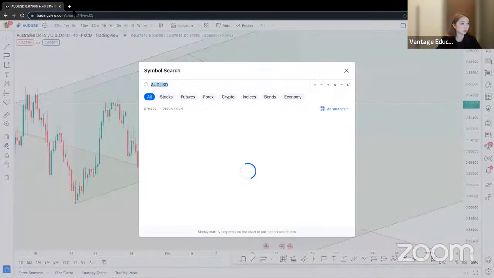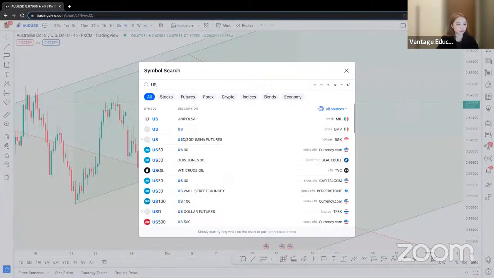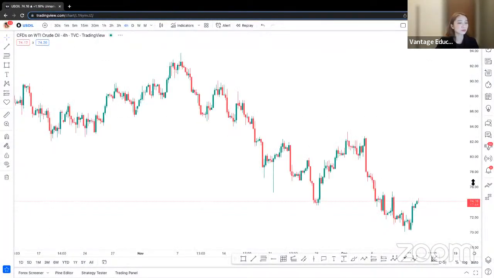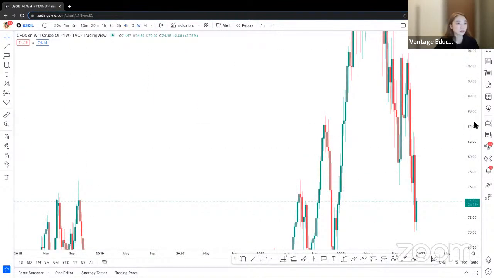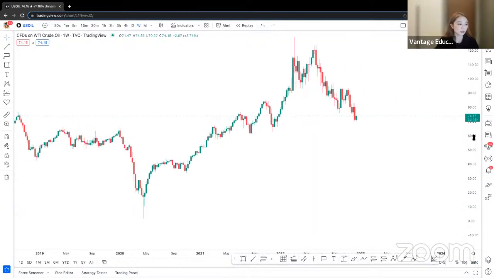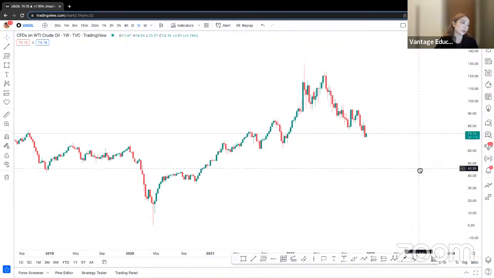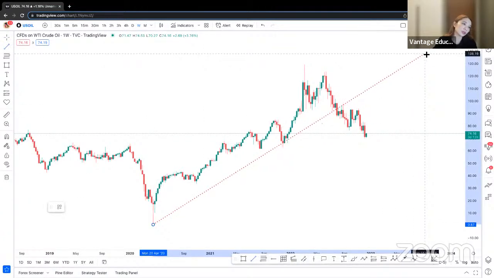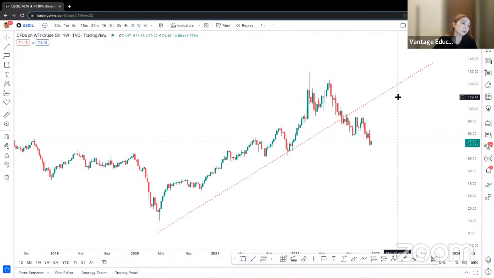US oil. Okay. Let's take a look down from weekly. I think it was bullish at the start, right?